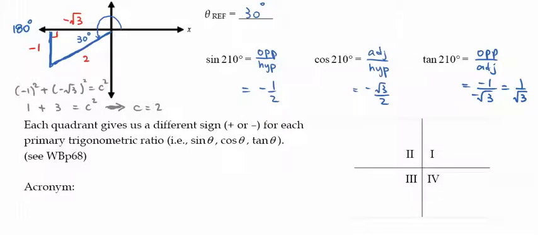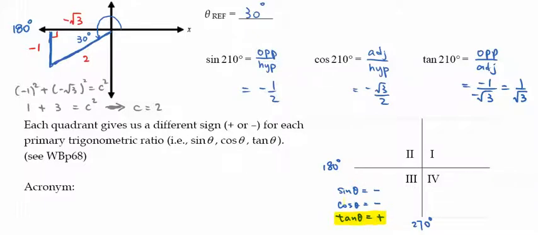So combining what we saw in example 1 and in example 2, we had a negative ratio for sine, a negative ratio for cosine in this quadrant, and a positive ratio for tangent in quadrant number 3. Any angle that goes between 180 and 270 will give us a positive ratio for tangent.